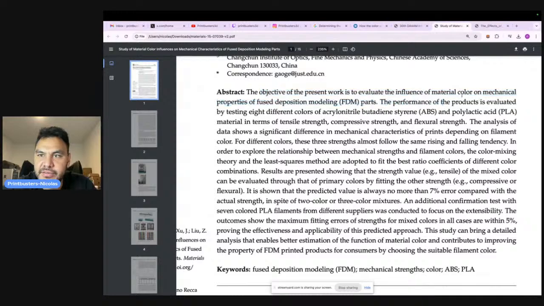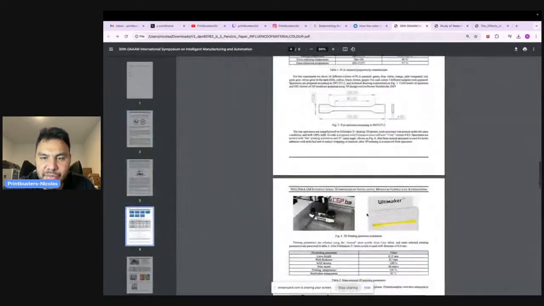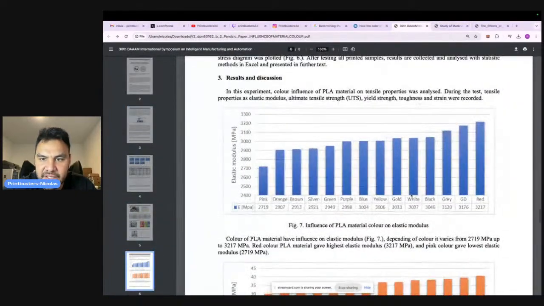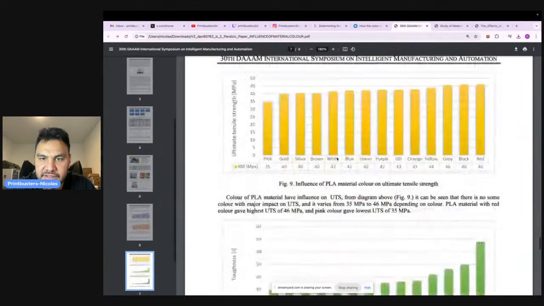The objective is to evaluate the influence of material color property. The performance of the product is evaluated by testing 8 different colors of ABS and PLA. Blah blah. Oh, by the way, how does the white perform here? White is here. White is here.